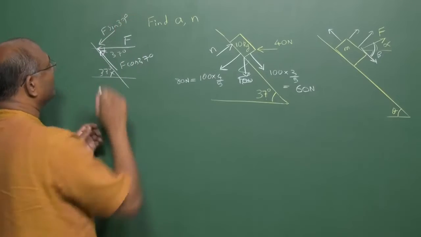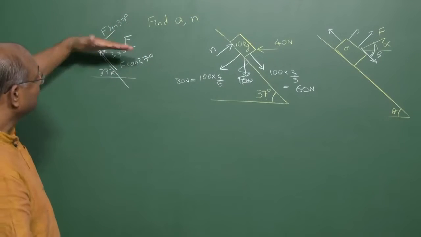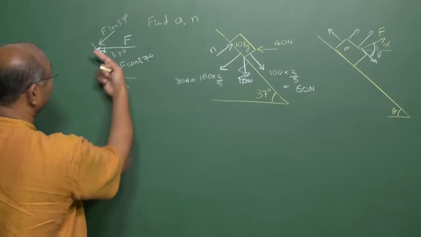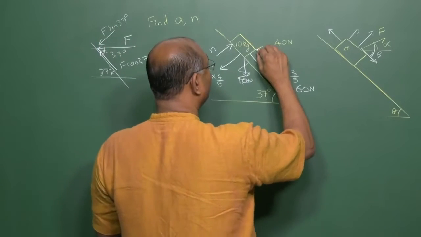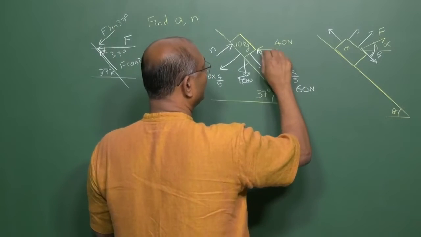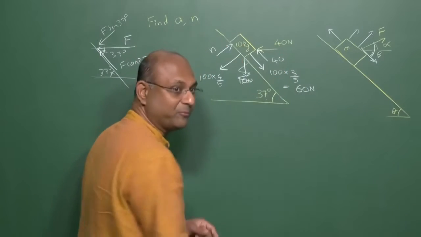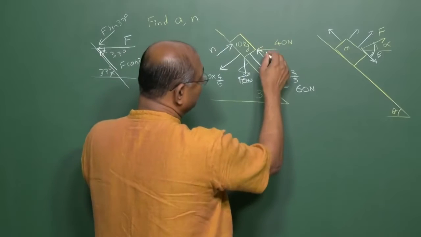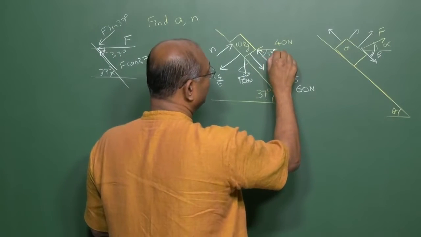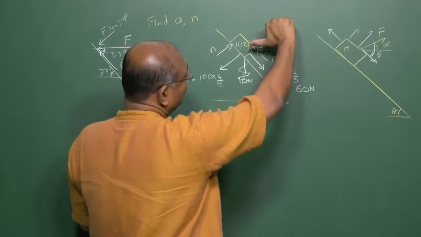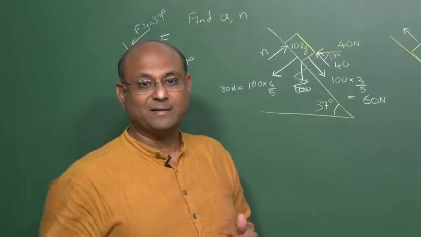Now you have to learn how to resolve forces very carefully. So F cos 37, F sin 37, and F is 40. Look at the direction, it is upwards. This is 37 degrees. So 40 cos 37.